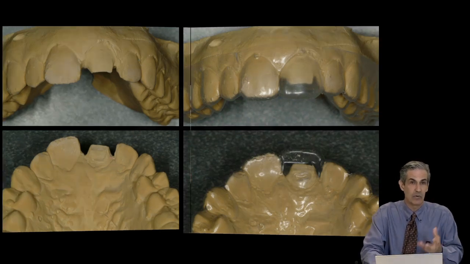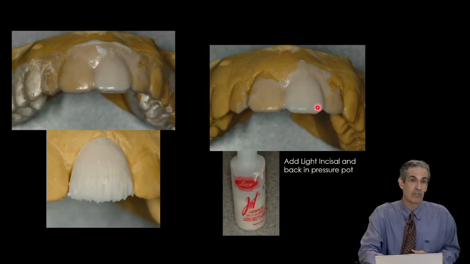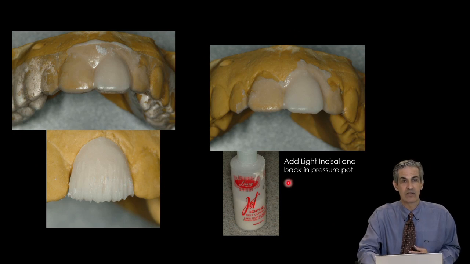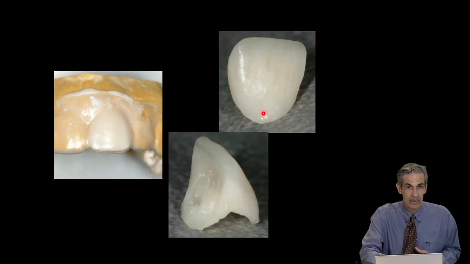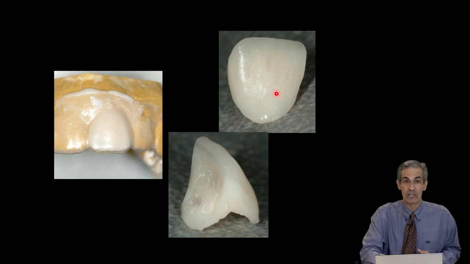We used our jet acrylic, our pressure pot. We did a couple layers of acrylic. In between those layers, we cut it back and did some grooves into the bottom layer of acrylic, added a lighter incisal, and you can really make a pontic that looks quite nice. It looks very aesthetic. And if I choose to use this for my implant-supported provisional, I have an opening inside that makes it a little easier to transfer.